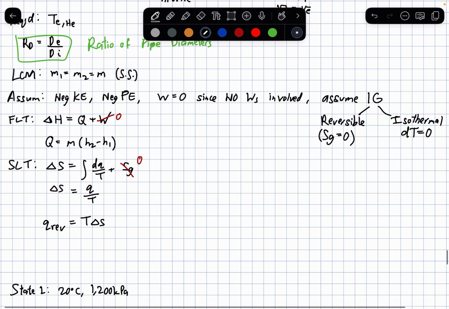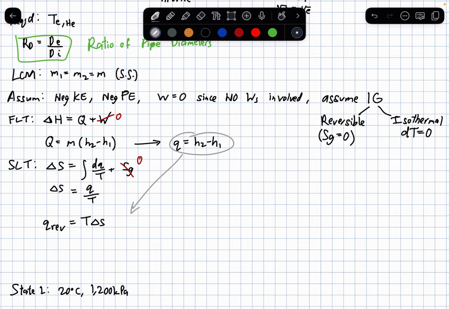So we can turn this into q equals h2 minus h1. Simply, just that. And what we can make of these two equations is h2 minus h1 equals T times quantity s2 minus s1.